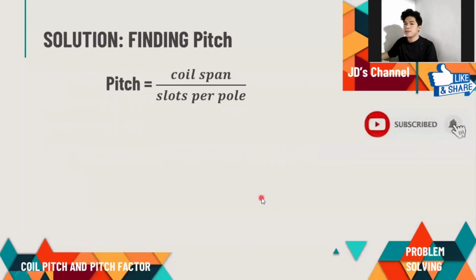So solution, finding the pitch. Okay, so coil span over slot per pole. So we have the coil span that is 12 over slot natin na 72 over 6 pole. So we have 72 divided by 6, we have 12. 12 divided by 12, so we have 1. So pitch is equals to 1.